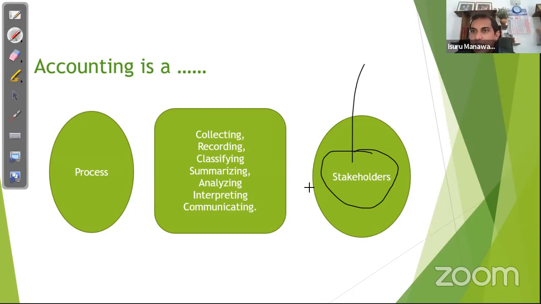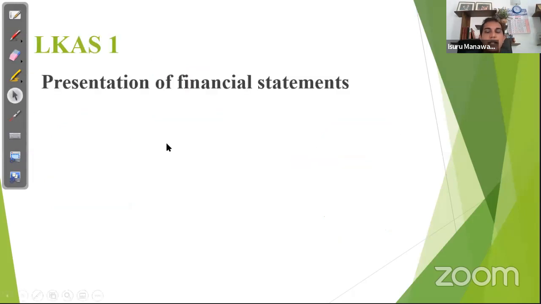In a system, there are three components: input, process, and output. So the output would be the financial statements. Financial statements need to be prepared based on LKAS 1, Presentation of Financial Statements.